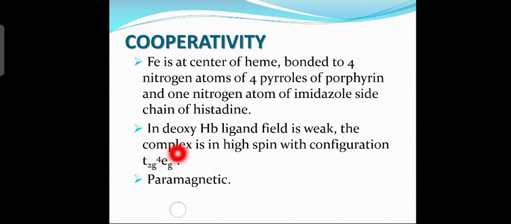In T2g 4 electrons are present in 3 orbitals, and in Eg 2 electrons are present in 2 orbitals. Each orbital has 1 electron, and in T2g 3 orbitals have 1 each and then 1 is paired. That means here also you have unpaired electrons. Therefore, if unpaired electrons are present, we call that complex a paramagnetic complex.